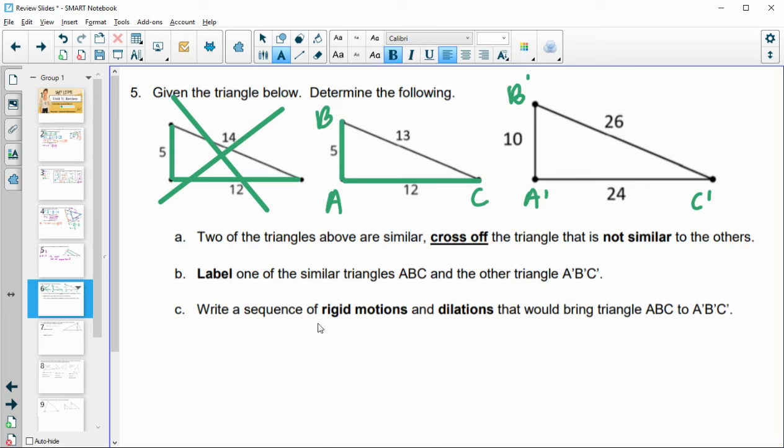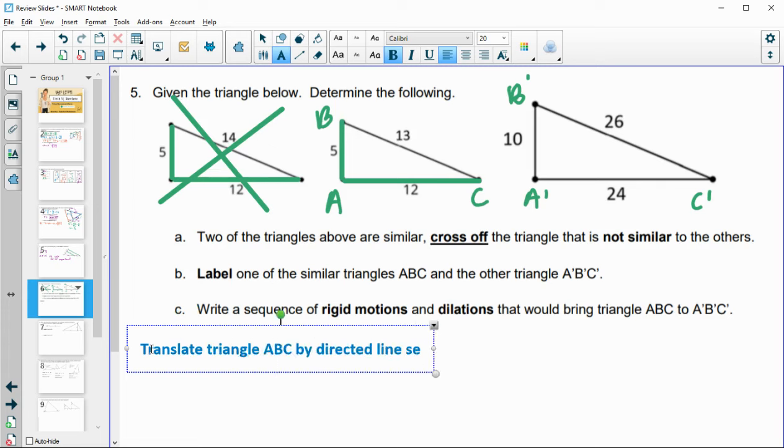This could change depending on what you want to write. Yours doesn't have to be exactly equal to my explanation, but I like to start by translating the first triangle. So I'm going to translate triangle ABC by directed line segment A prime, so that I get these two vertices matching up.